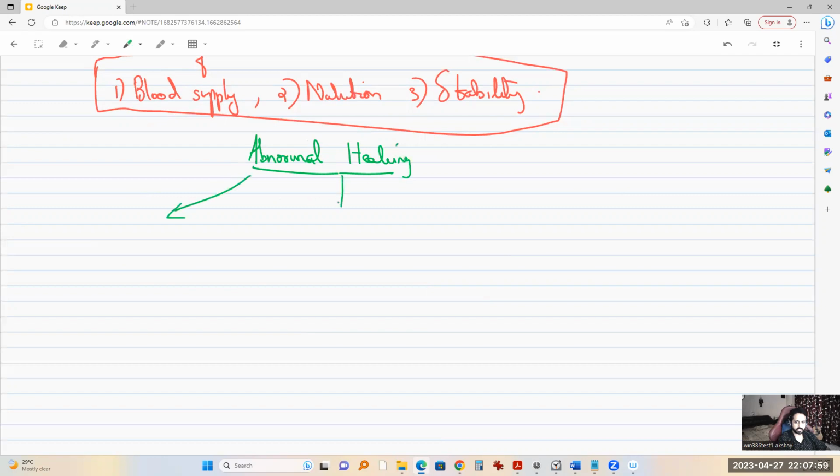One is when the bone heals very slowly, it's taking a lot of time. That is known as delayed union.